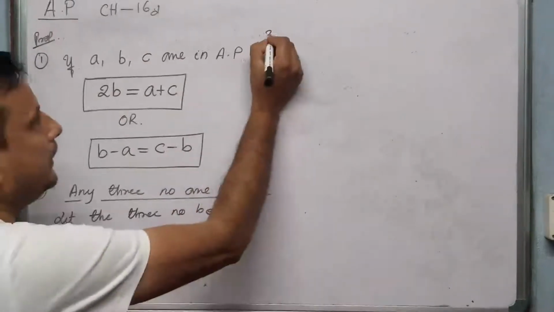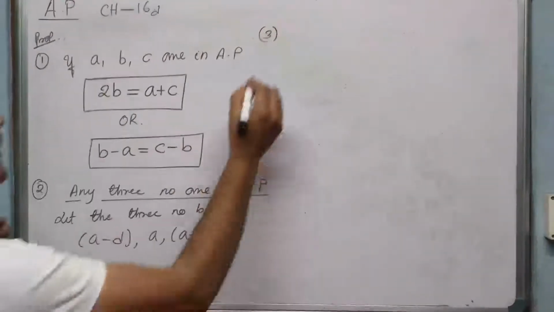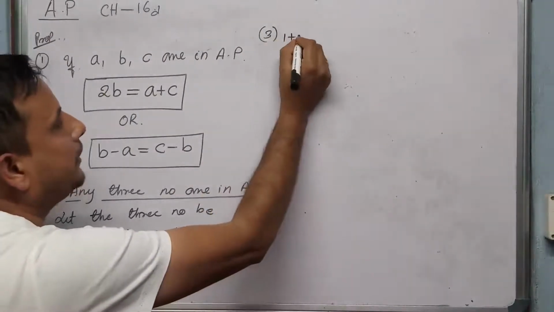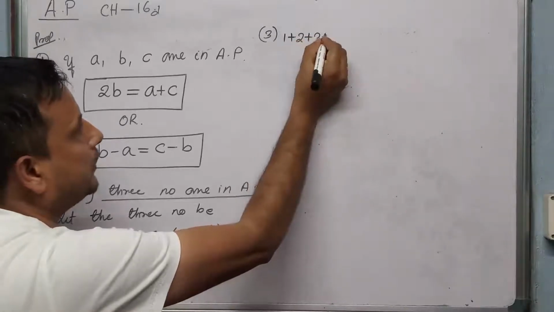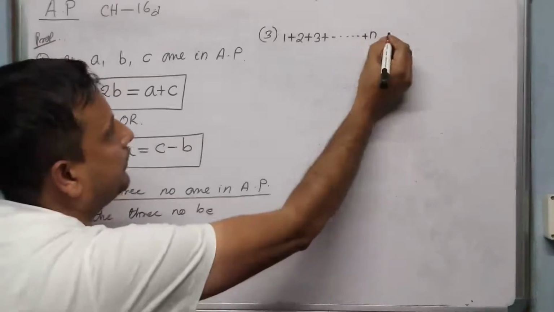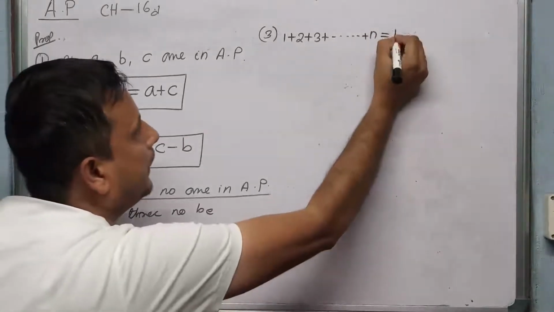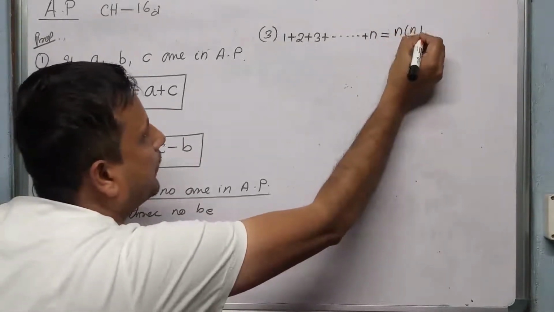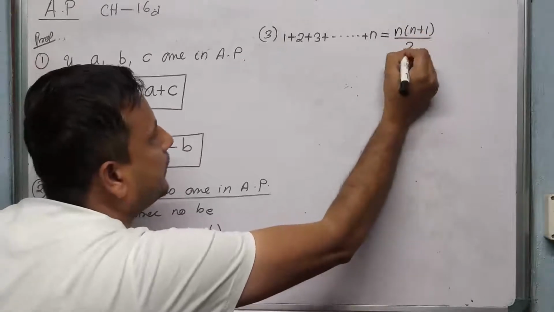Now the third is the sum of the first n natural numbers. 1 plus 2 plus 3 plus dot dot dot up to n terms. The sum formula will be n into n plus 1 divided by 2.